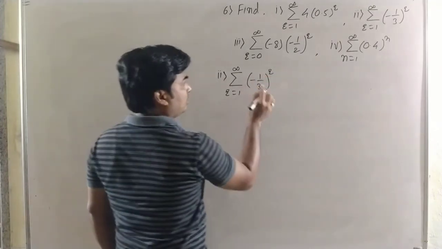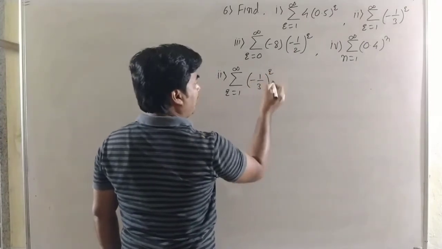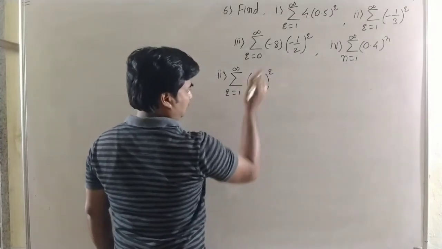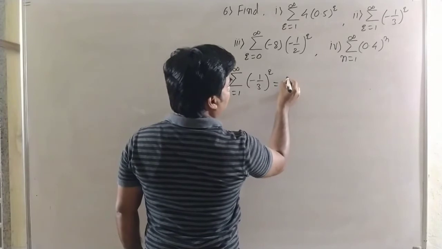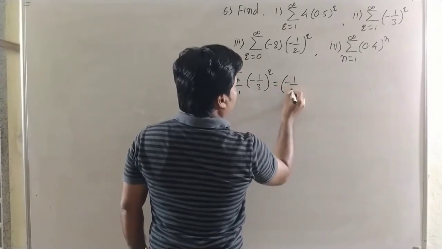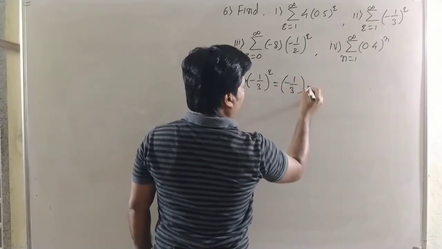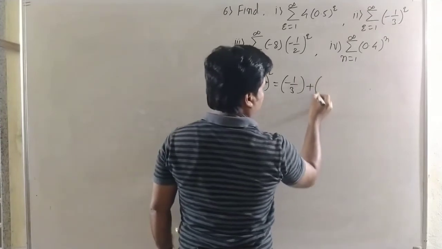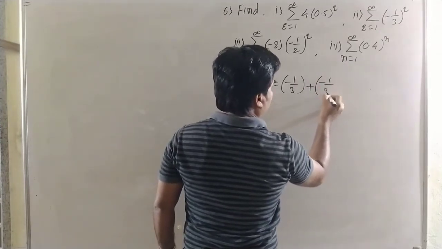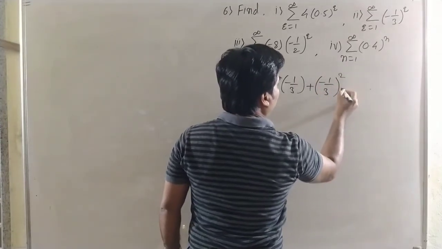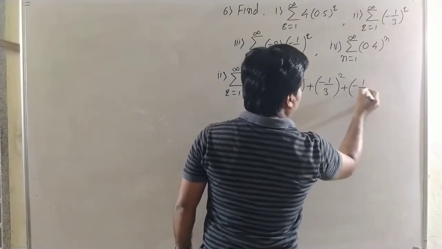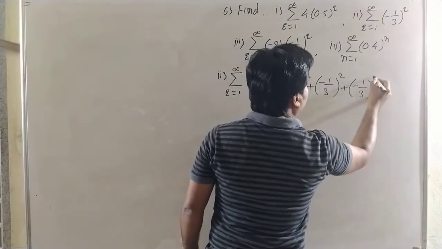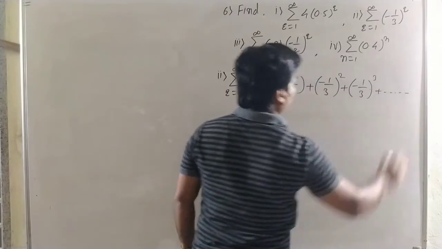Therefore this can be written as minus 1 by 3 to the power 1 plus minus 1 by 3 to the power 2 plus minus 1 by 3 to the power 3 and so on up to infinity.